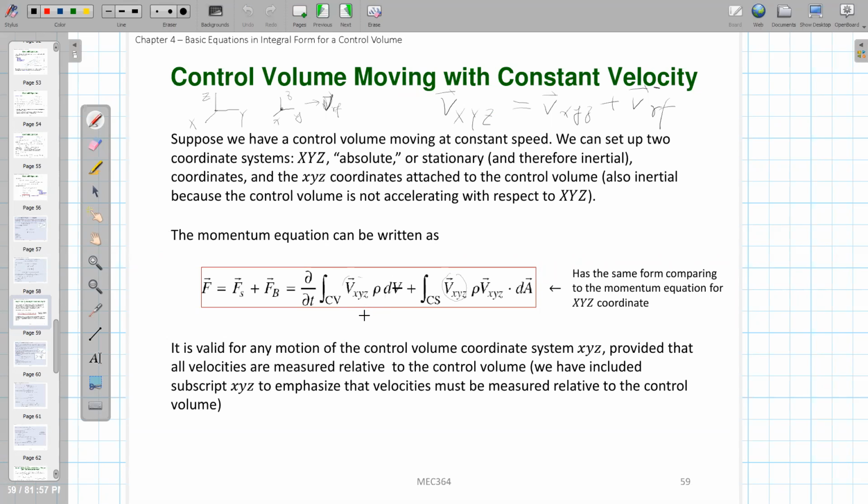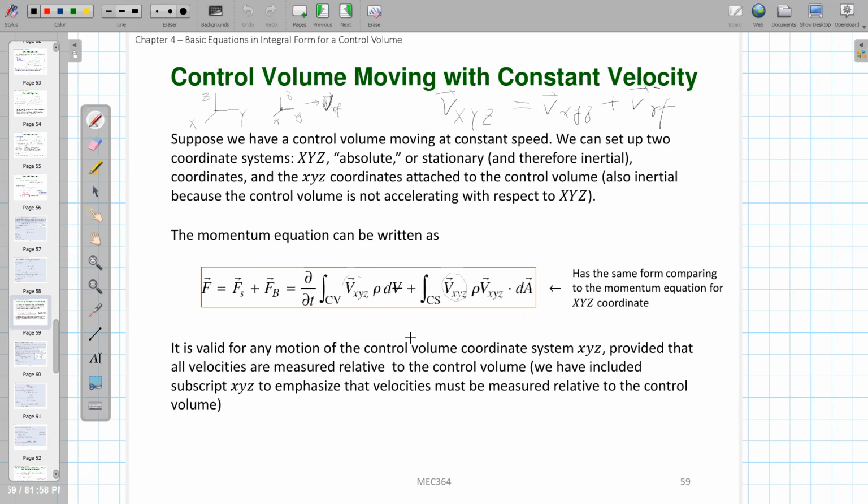So in the end, it's telling us that if you have a reference frame moving with a constant velocity, you just keep the same format of your momentum equation. It has the same form as the momentum equation for the xyz coordinate. The only difference is that the velocity you use inside is now referenced to the new reference frame, not to the older reference frame.